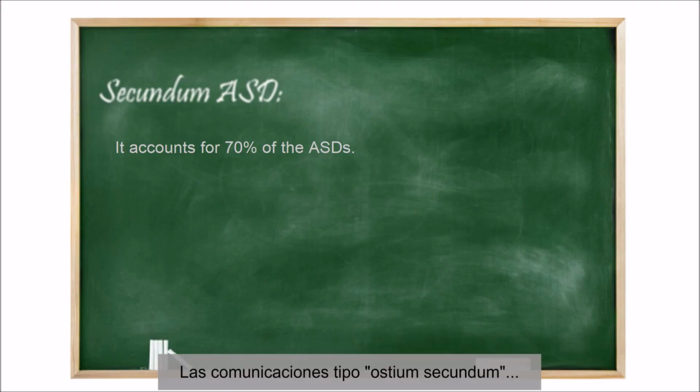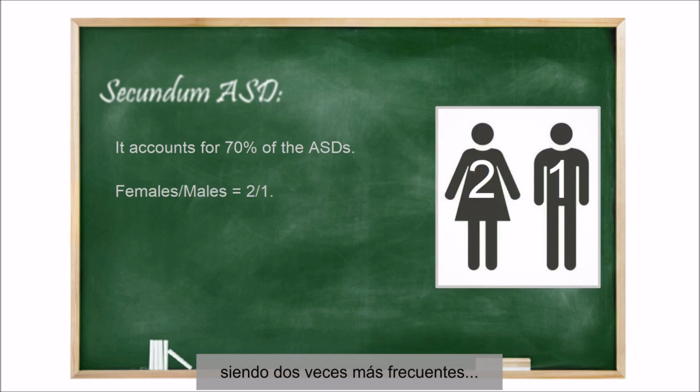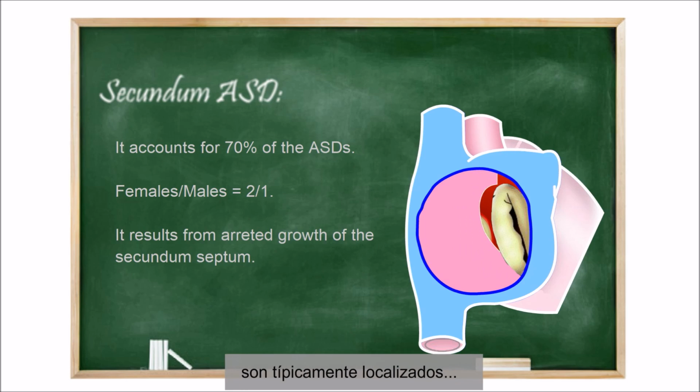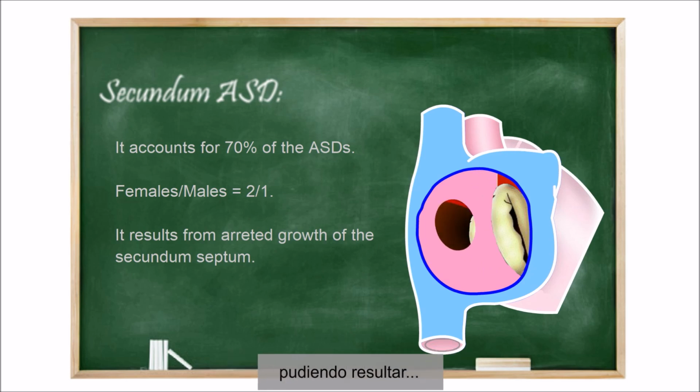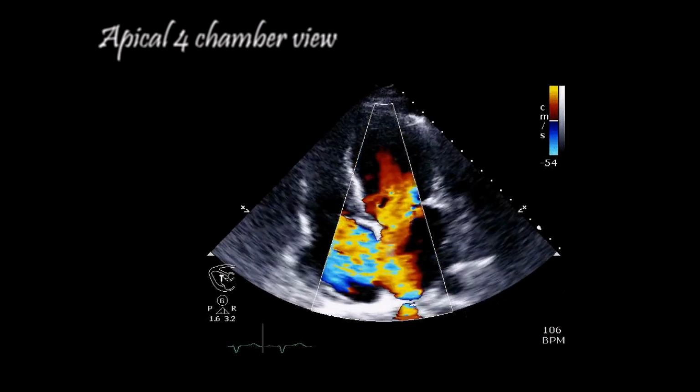Secundum atrial septal defects account for 70% of all atrial septal defects and occur twice as often in females as in males. These types of defects are typically located within the fossa ovalis, and they can result from arrested growth of the septum secundum or excessive absorption of the septum primum.